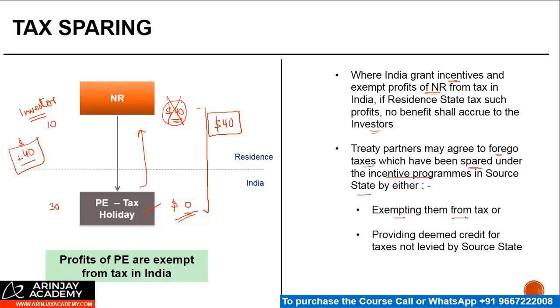Either by exempting them from tax, so you say, okay, we are going to exempt them from tax, they will not be included as a part of total income, or by providing a deemed credit for taxes not levied by the source state. So even if the taxes are 0, you say, what would have been the tax which would have been paid here? Let's say it would have been $30. We will provide you a deemed credit of $30, and tax you only for the remaining $10. So that the total tax which the non-resident has to bear from a cash perspective is going to be 0 plus 10, only $10.